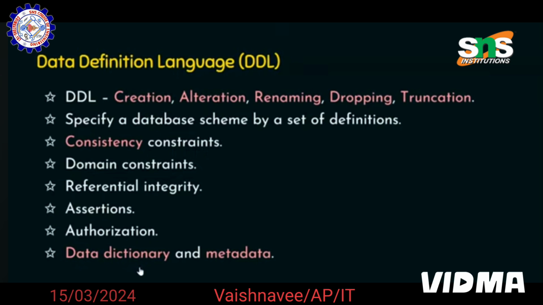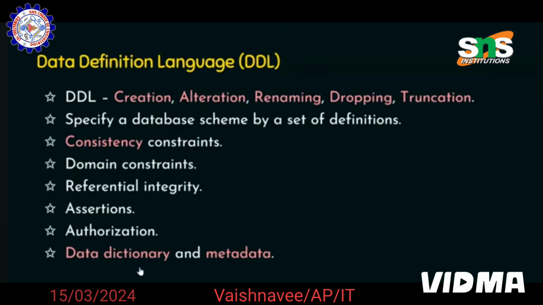In that case, we are specifying the data type of the employee ID column as number. Thereafter, whenever we try to insert some records into the table, if the employee ID is of numbers only, then that insertion or updation will be accepted. Otherwise, if you try to insert character type data into the employee ID column which is set as number type, it will not accept. This is one of the constraints that comes under domain constraint.